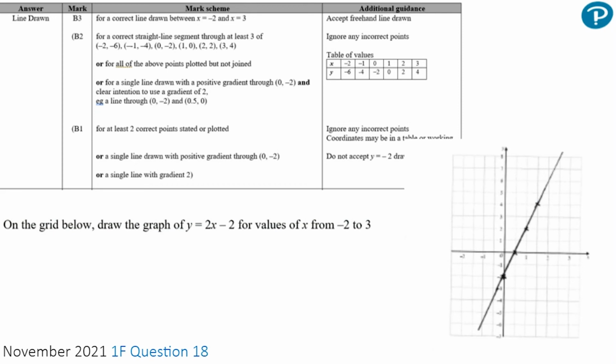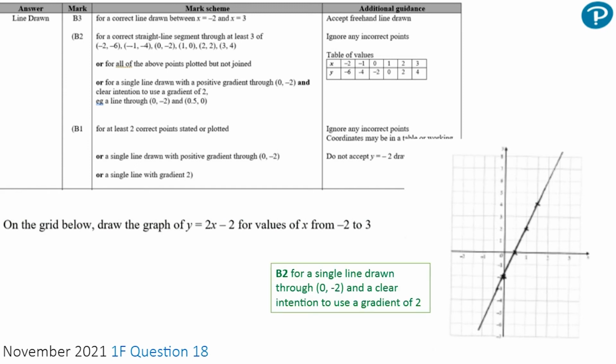They're assuming that the x-axis goes across in ones. Each box is 1 rather than each 2 boxes being 1. So what we do, again, if you look at the second point there, for a single line drawn with a positive gradient, it tells you a gradient of 2, or an intention to use a gradient of 2.